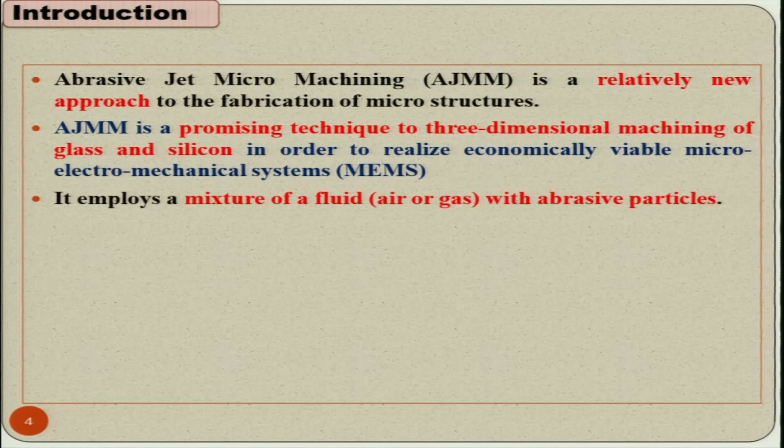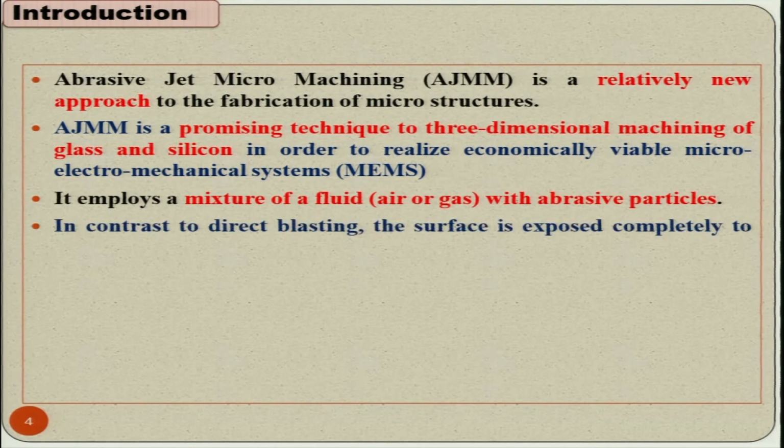No such constraints are there for using this particular process. It implies a mixture of fluid with abrasive particles, and air or a specific gas is used as the fluid in which abrasive particles are mixed. We will see details of all this.